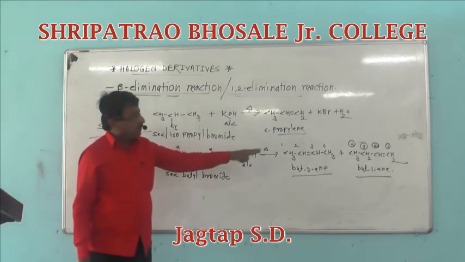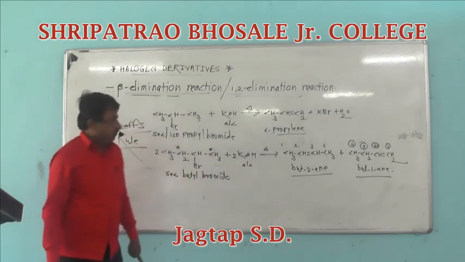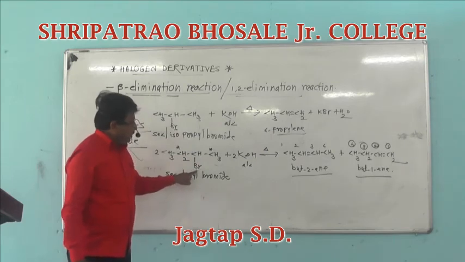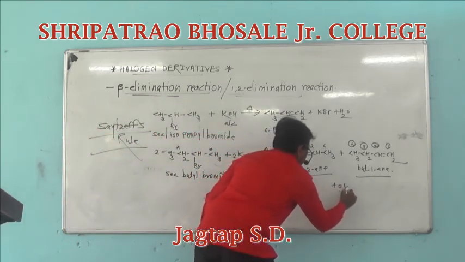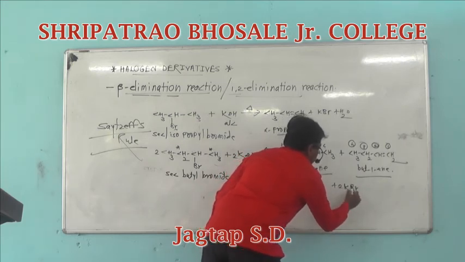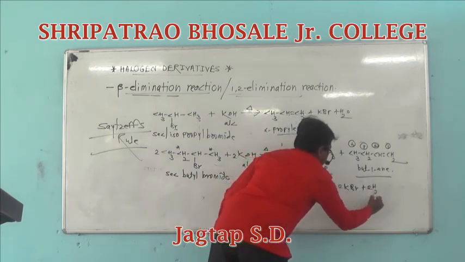It gives two possible products, but-1-ene and but-2-ene. Then, potassium immediately reacts with the bromine and is eliminated in the form of KBr. That is why along with twice KBr and twice H2O.